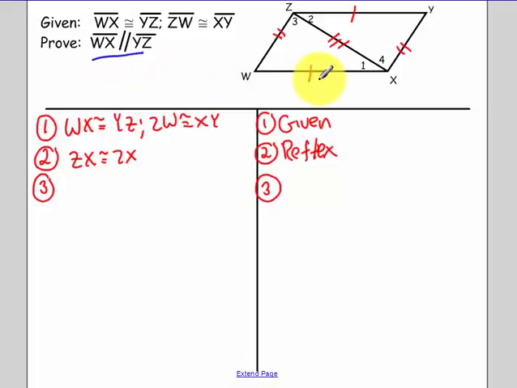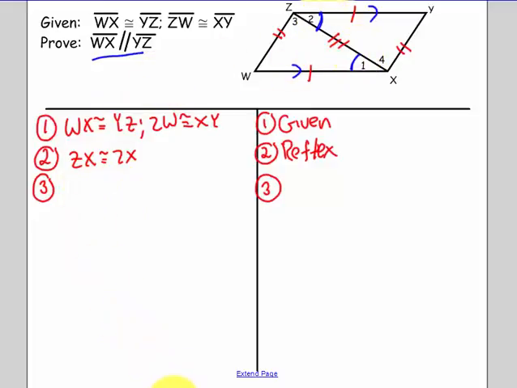I'm trying to prove WX is parallel to YZ. Remember, the only way that we can state that lines are parallel is if we get one of our special angle pairs, congruent or supplementary, depending on the special angle pair. Notice how when you look at this, angle 1 and angle 2 would be our special angle pair. So we need to get angle 1 and angle 2 equal.